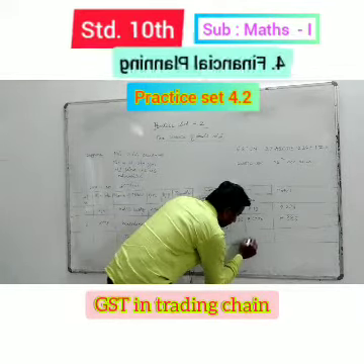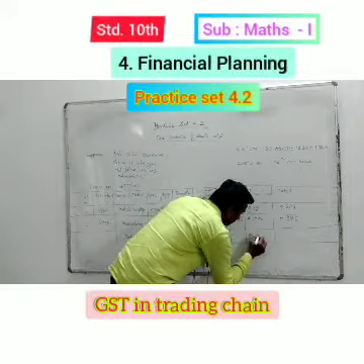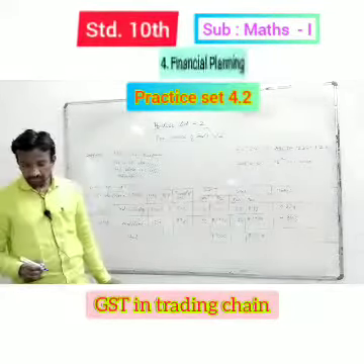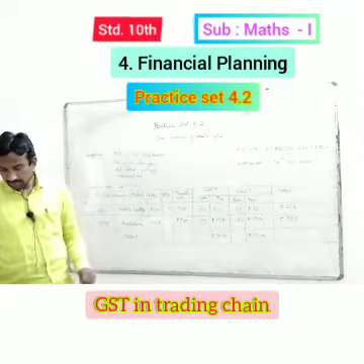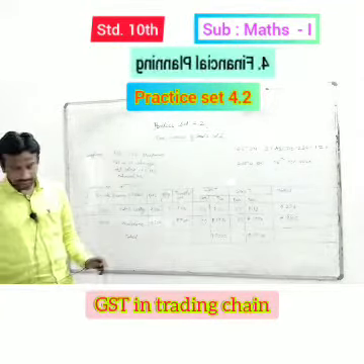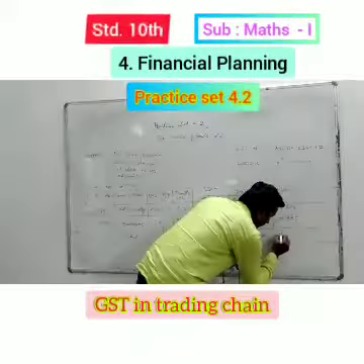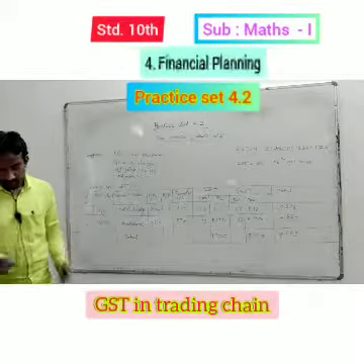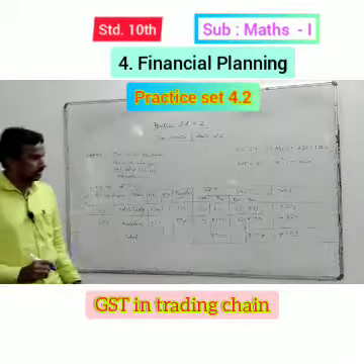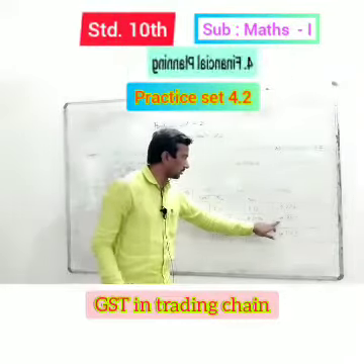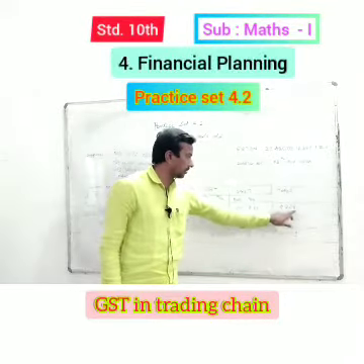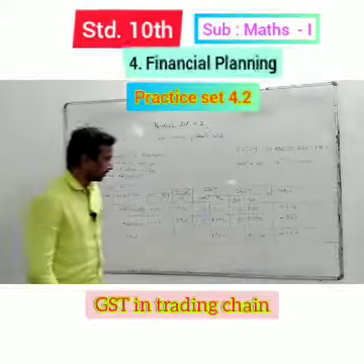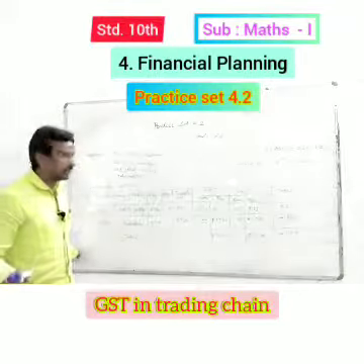Amount of SGST is also rupees 79.50, and total amount becomes 1109 rupees. Means total 224 plus rupees 885. 5 plus 4 is 9, 8 plus 2 is 10, carry 1, 8 plus 2 is 10 plus 1 is 11, means total amount becomes 1109.